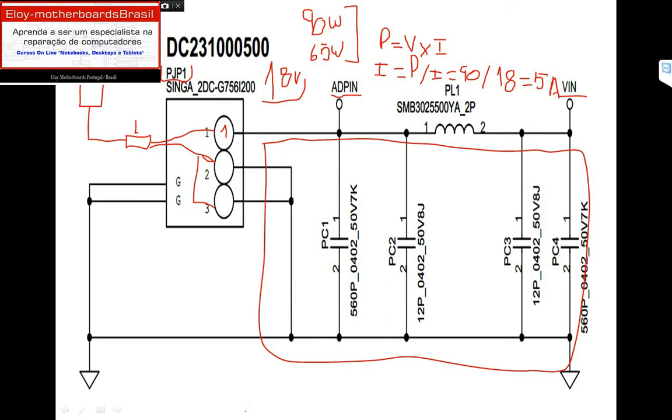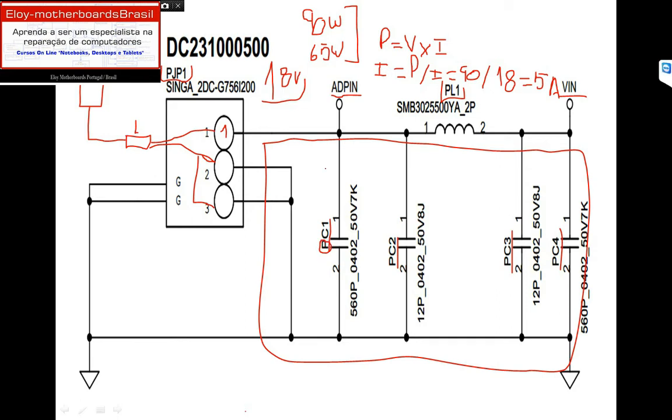So continue. We have this low pass filter, and it is PC1, PC2, PL1, PC3 and PC4. This P right here means power. Why power?